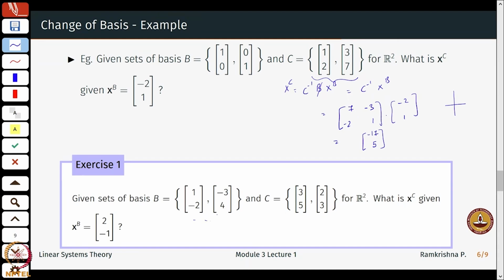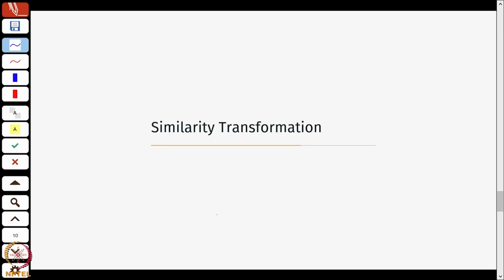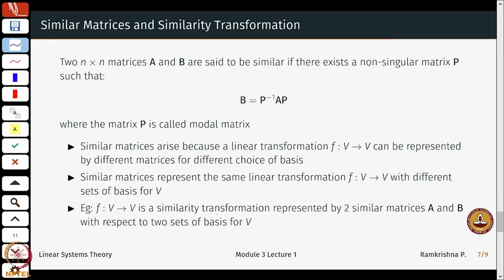Let us do something we will come across a lot of times, a concept called the similarity transformation. Let us start with two square matrices, two n cross n matrices, and by definition, we will see what this definition means and where it possibly comes from.